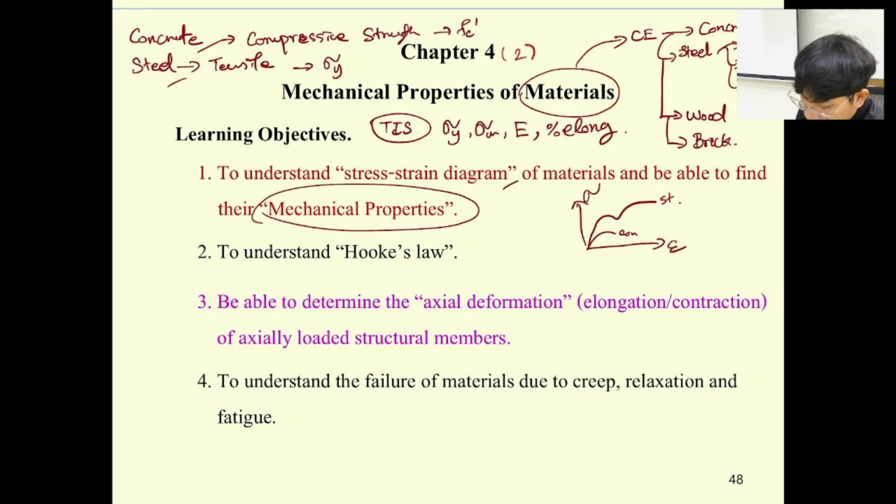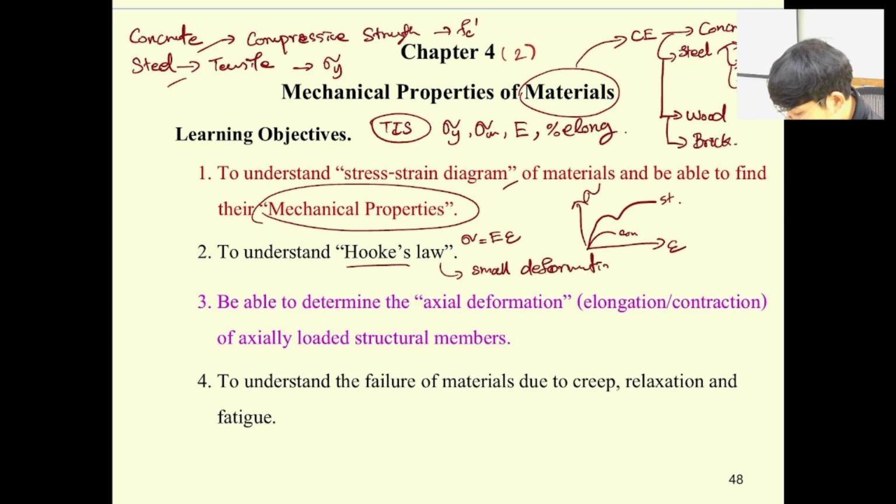The second one is going to be Hooke's law. If you remember correctly, for Hooke's law we talk about sigma equals E times strain, which we allow you to use only for small deformation in material.